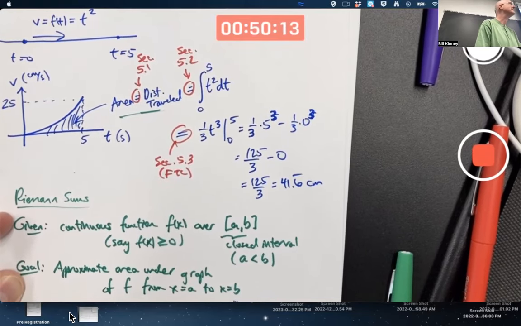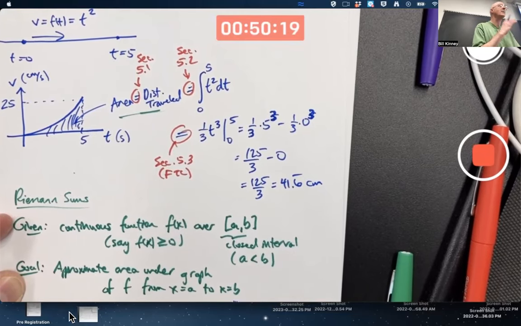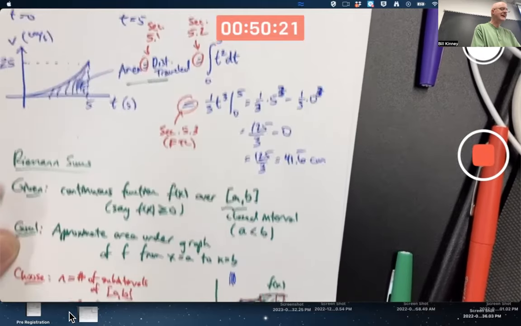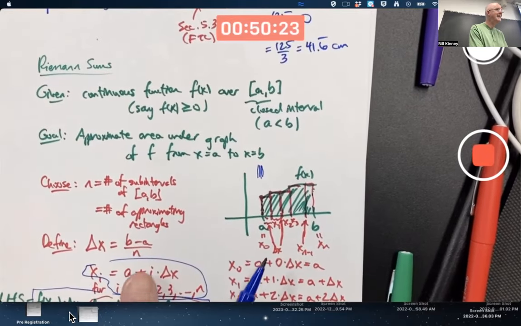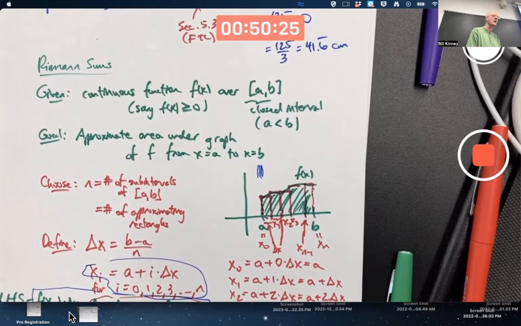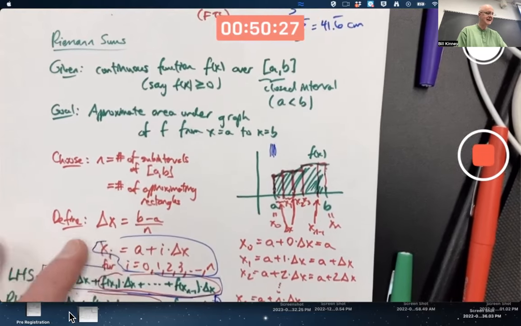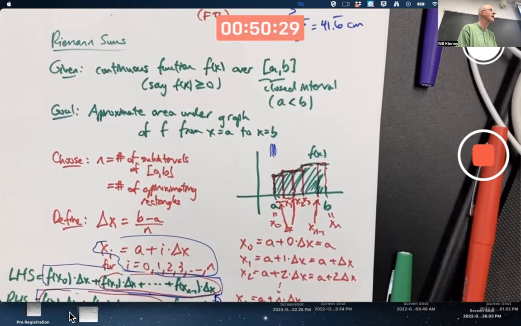It's a limit. Not a limit of integration, but a true limit. A limit as n goes to infinity, or equivalently, delta x goes to 0.